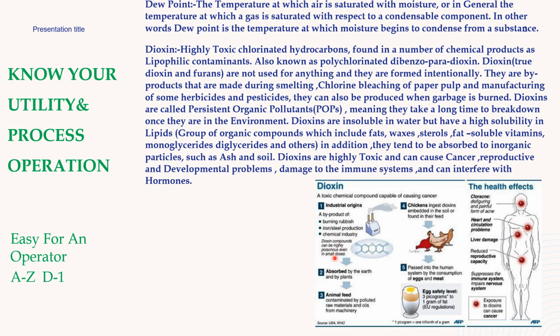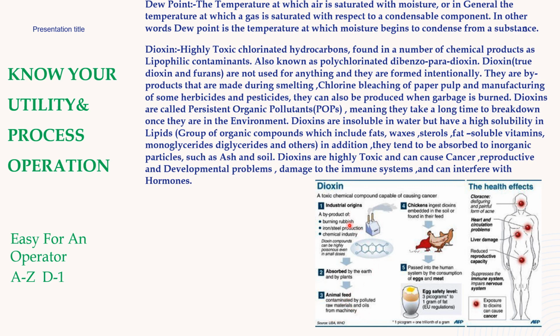Dioxin compounds can be highly poisonous even in small doses. It is absorbed by the earth and by plants, leaves everywhere. It will be absorbed. Animal feed is contaminated by polluted raw material and oils from machinery.